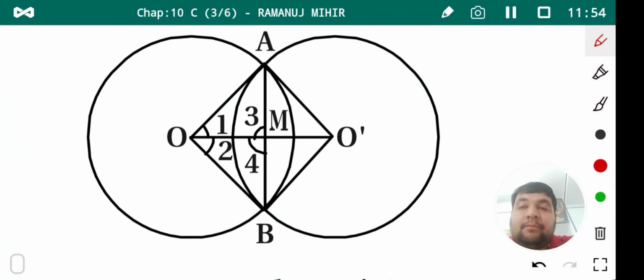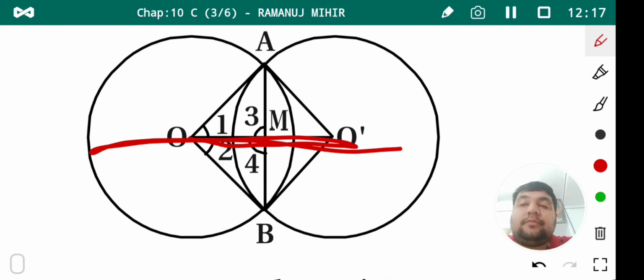See, AB is the common chord of both circles. Common chord means AB will be the chord of the circle with center O, and AB will be the chord of the circle with center O dash. Then if you draw the perpendicular bisector, it will pass through both. We know that it is the right thing, but we have to prove it.